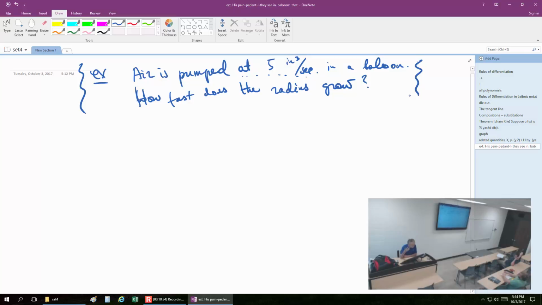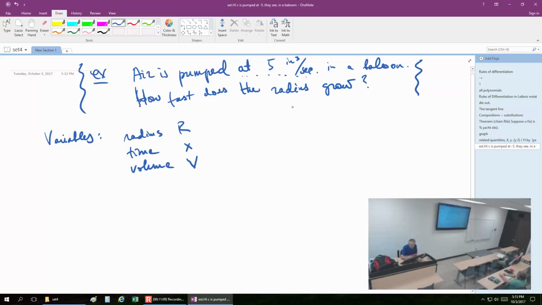Just as always with word problems, you introduce variables. So what are the variables? Radius. How about I call it R? What else? Time, X, and volume. Volume, V. Let's connect them by arrows.